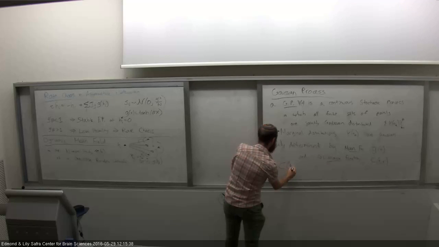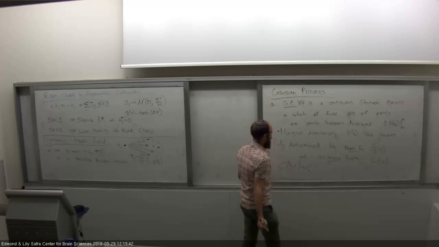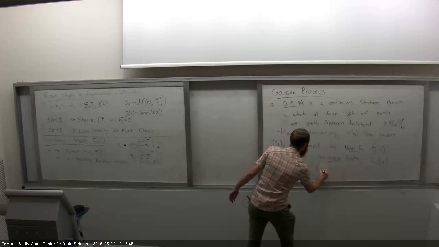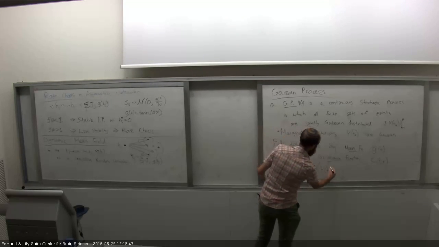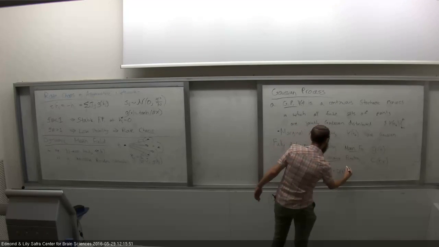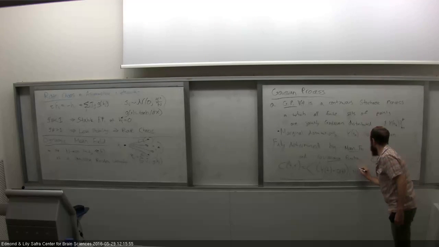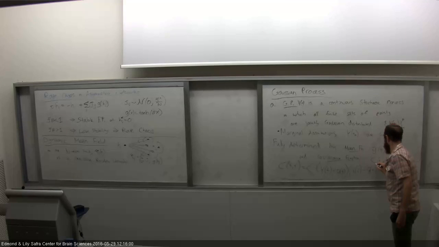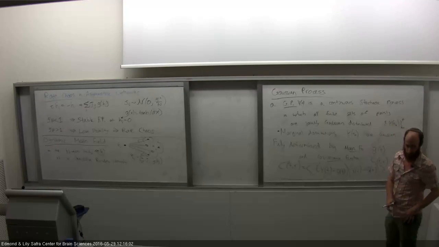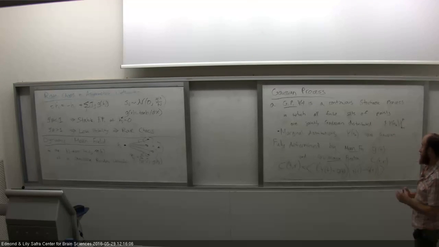C of t, t prime in the general setting is the average of y, the random variable at time t, minus the mean at that time, times y at time t prime minus the mean at that time. So that's the general formal definition of the covariance function, or autocorrelation function, whatever we call it.